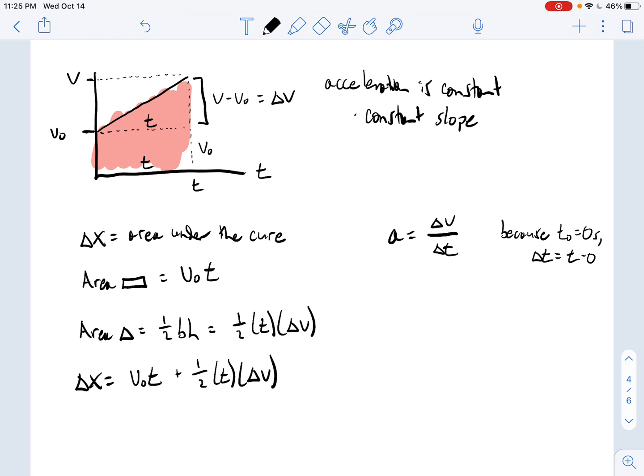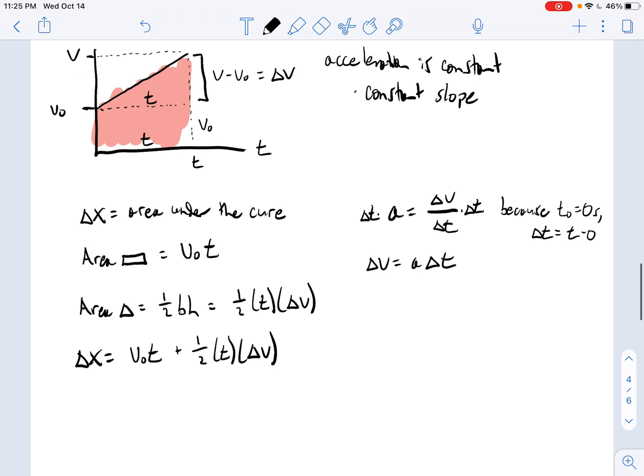So we can manipulate this equation a little bit, multiply both sides by delta t, and we're going to get our change in velocity is equal to a delta t. This is what we are going to want to then plug into our value here for delta v.